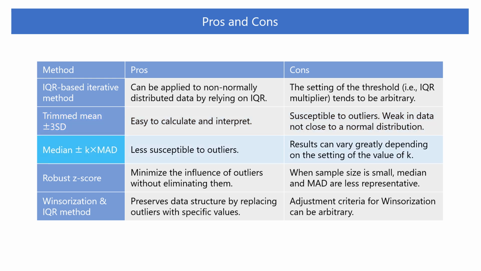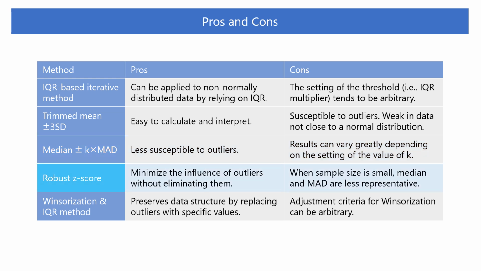The method using the median plus minus k times MAD has the advantage of being less susceptible to outliers by relying on the median and MAD. However, it should be noted that the results of outlier detection can vary greatly depending on the setting of the value of k.